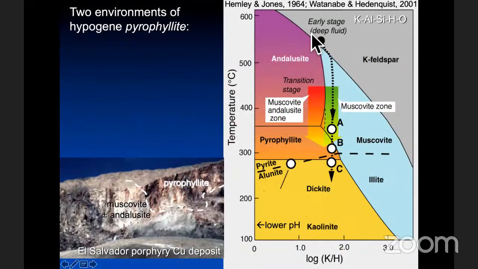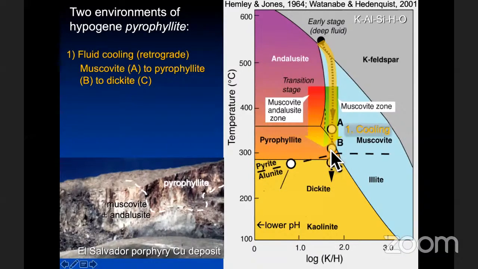And what are we looking at? Again, this reaction here. From the porphyry, from high temperatures, we have K feldspar. We go from K feldspar to muscovite stability as the fluid cools, and then eventually it may go to pyrophyllite stability. So we are talking about this environment here.